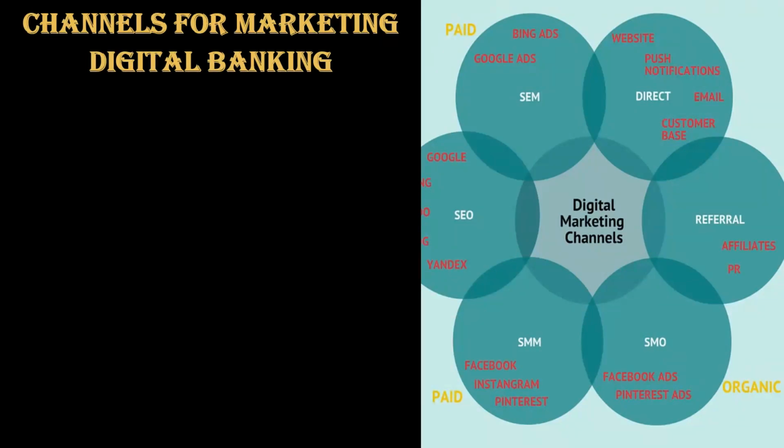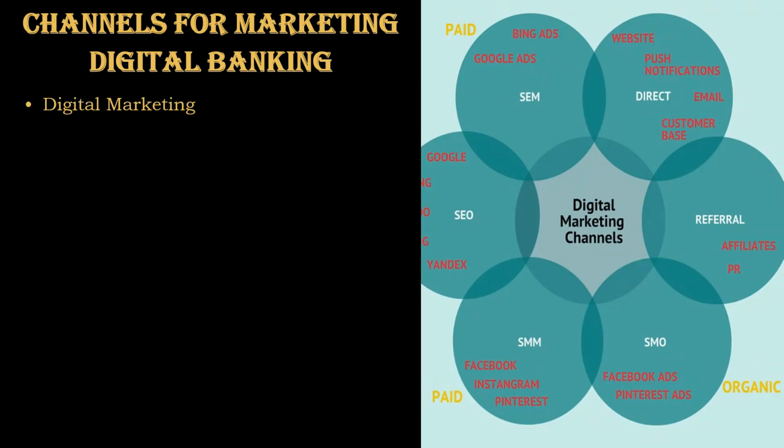First is digital marketing, wherein we use social media marketing, search engine marketing, content marketing, and email marketing. What is social media marketing? Platforms like Facebook, Twitter, Instagram, and LinkedIn are used for targeted advertising, brand building, and also engaging with the audience.